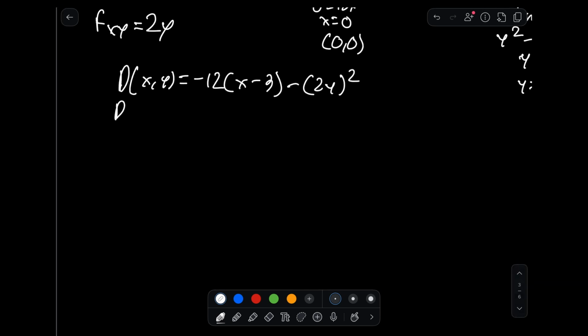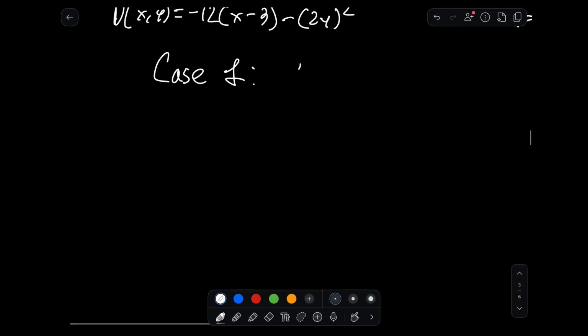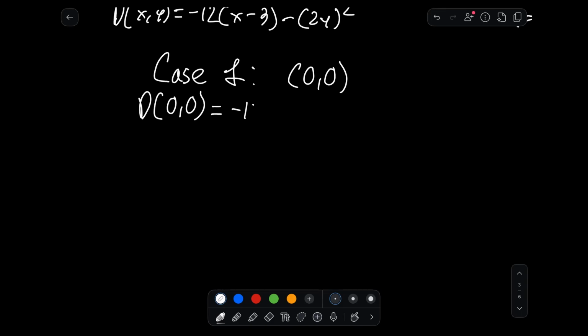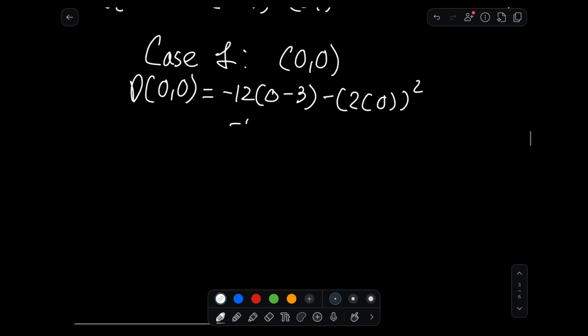So D, that's right, case 1, (0, 0). So we have D of (0, 0) equal to negative 12 times (0 minus 3)... minus 2 times 0 squared. So we're going to get negative 12 times negative 3. Oh, wait, no, that's not right. It's supposed to be negative 6.